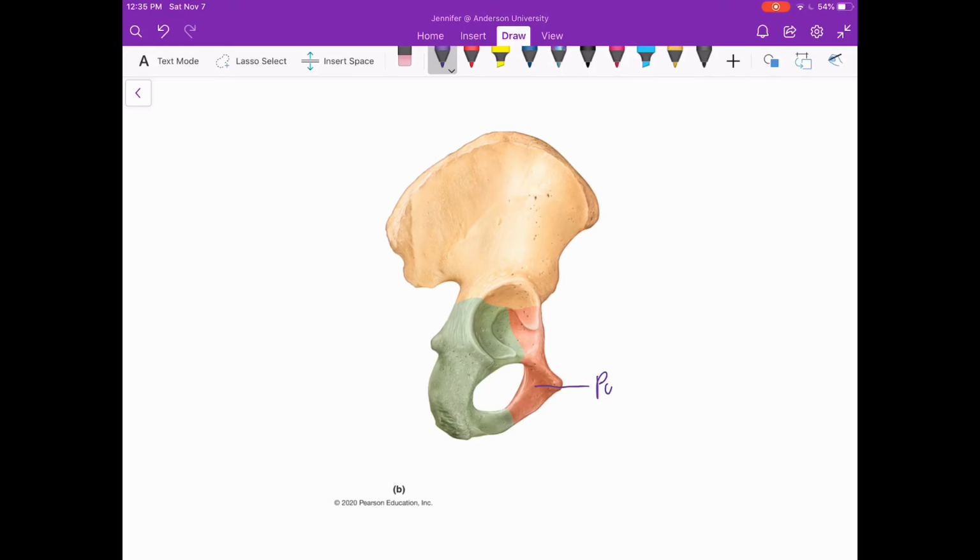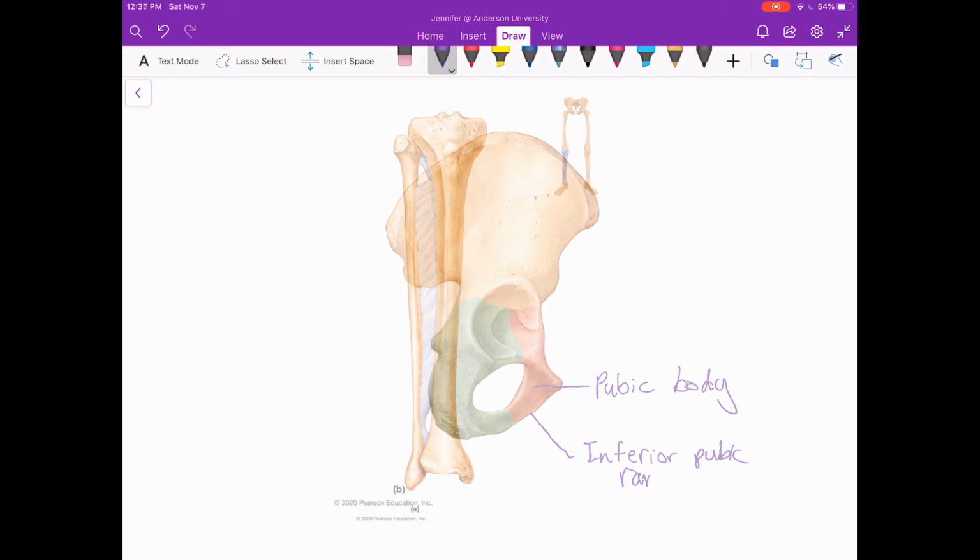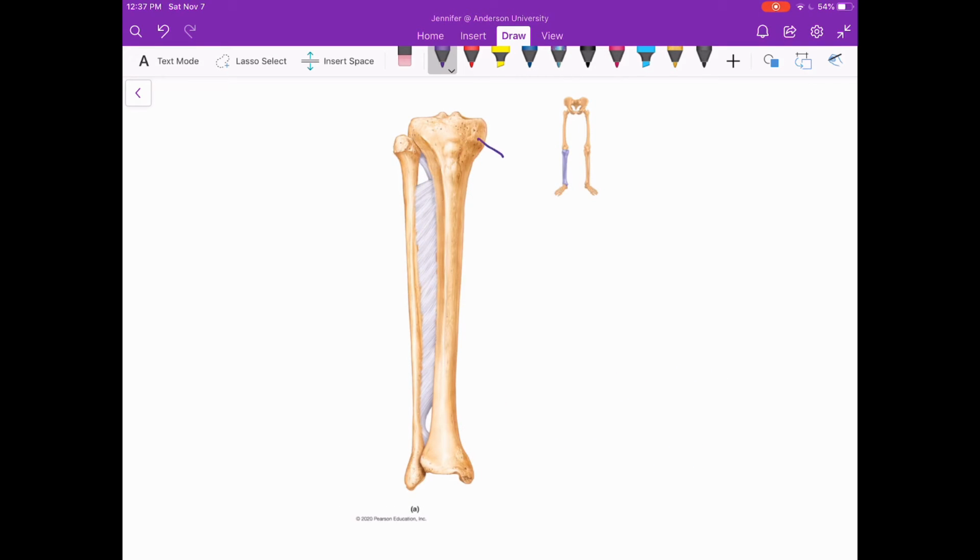Here we have a part of a pelvis again, where you can see the pubic body as well as the inferior pubic ramus. Here we have our fibula and tibia again, so that you can see the medial surface of the tibia just inferior to the medial condyle.